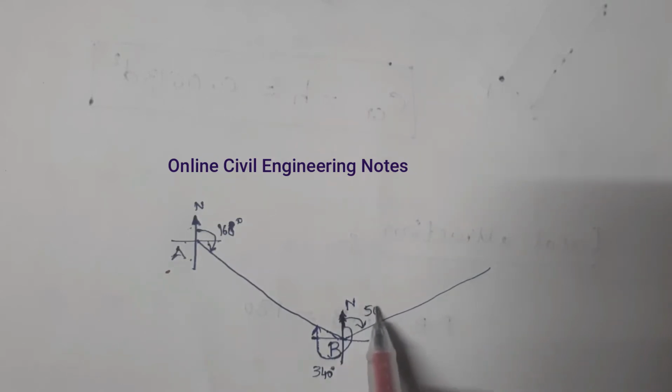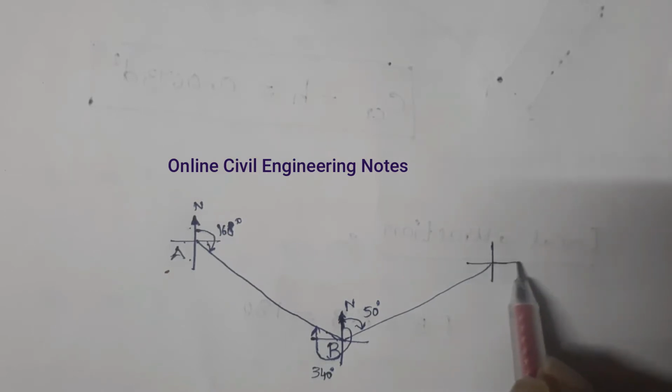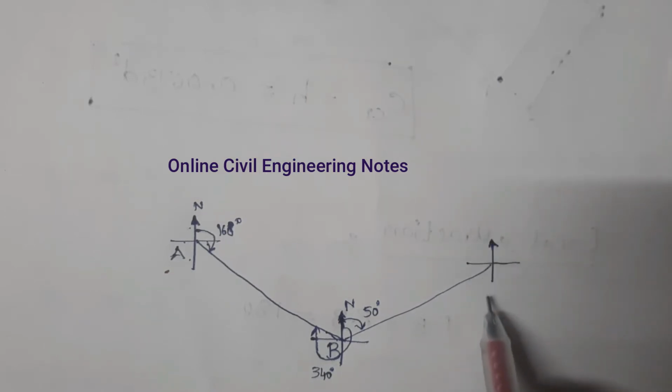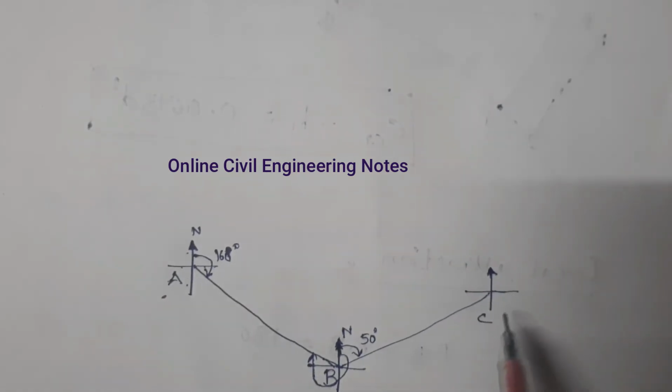This is 50 degrees. This is C point. Back bearing of BC is 231 degrees. 90, 180, 231. This is 231 degrees.